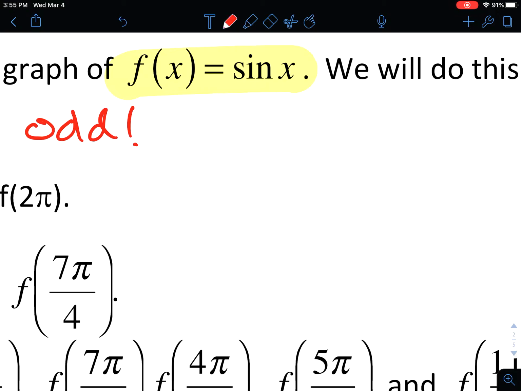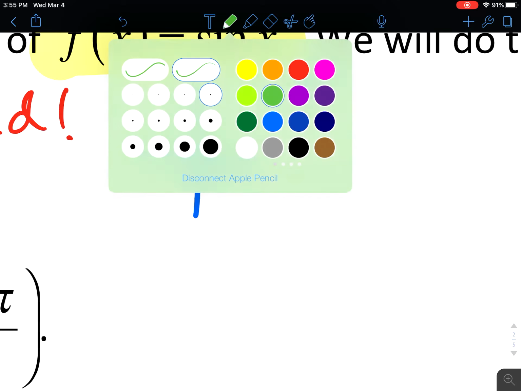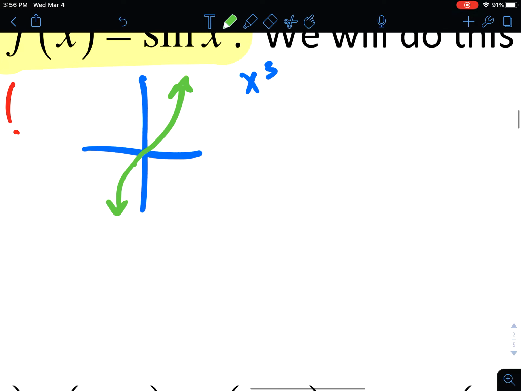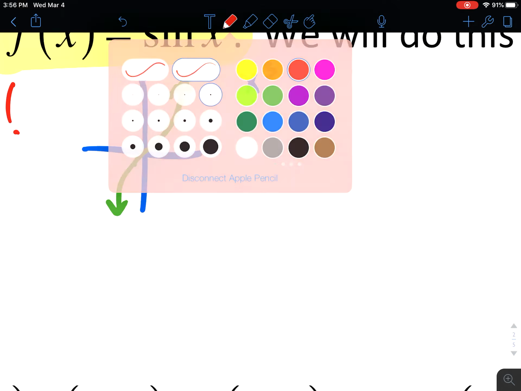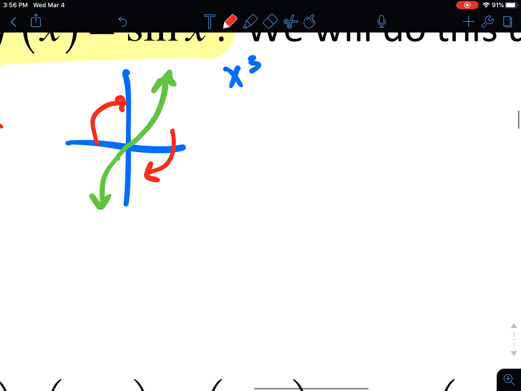And that's going to be helpful as we're graphing this function. So a quick reminder, something like x cubed had symmetry that looked like this. That is rotational symmetry. Specifically, it is 180 degrees rotational symmetry.